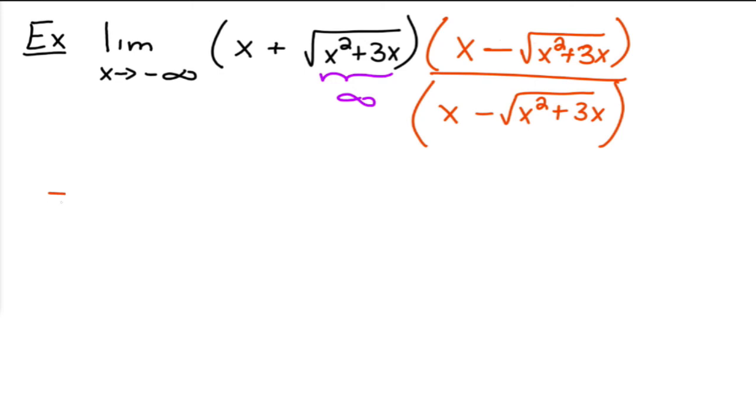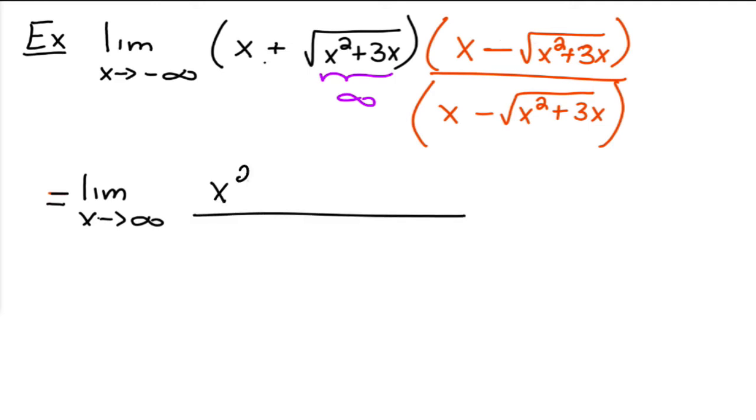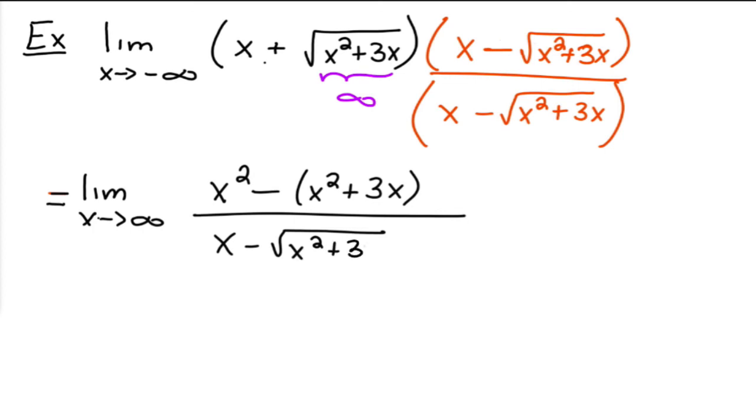Okay, so then what this guy is equal to is the limit as x approaches infinity. Now the top, this is a difference of squares, so this is going to equal x squared minus x squared plus 3x. And the bottom, I'm just going to leave it alone: x minus the square root of x squared plus 3x.